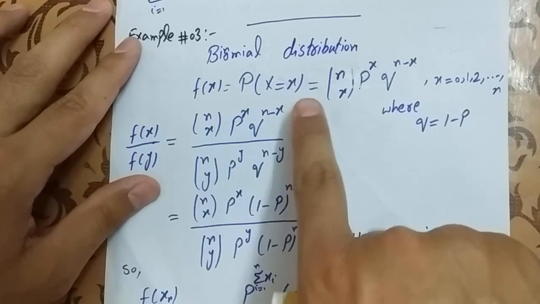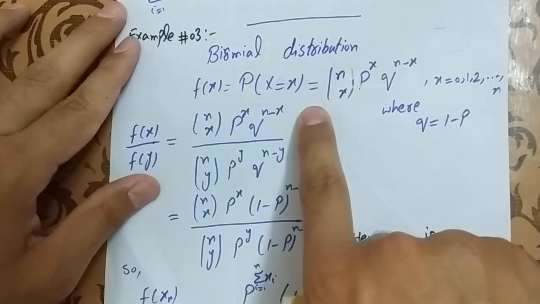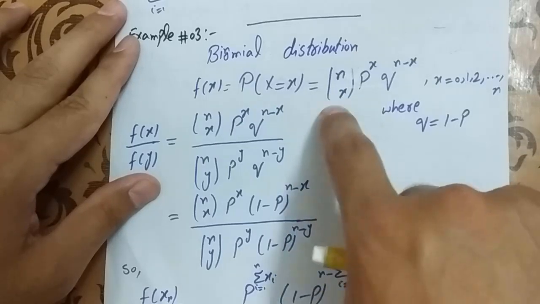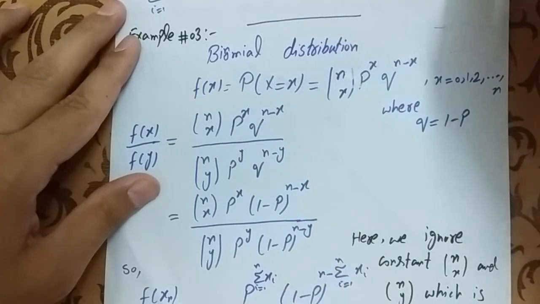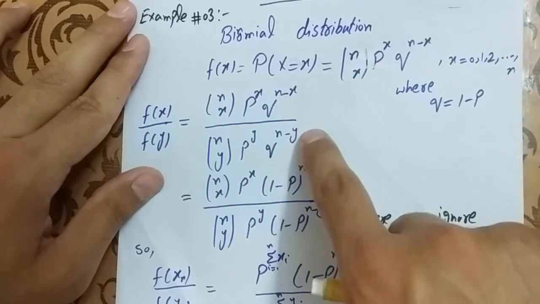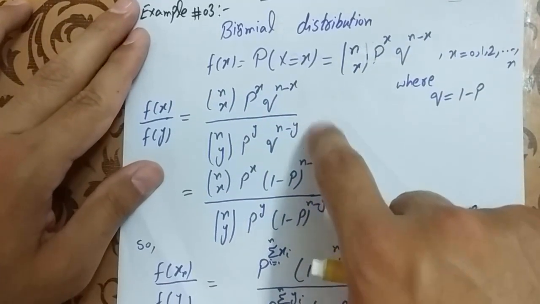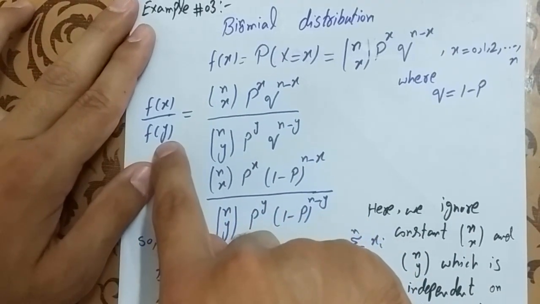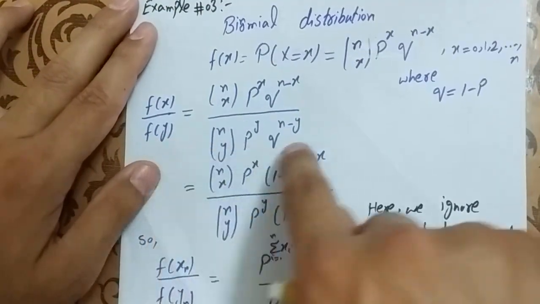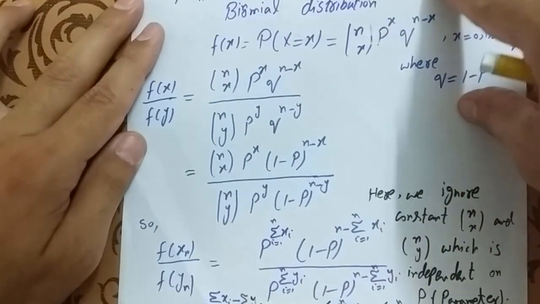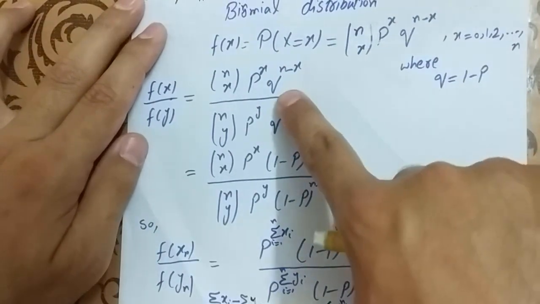We check whether this gives a minimal sufficient statistic for its parameter, here the parameter is p, or not. First of all, we apply this on a single sample, using the Fisher factorization theorem for the minimal sufficient statistic, which is equal to this expression. And now we put q equal to 1 minus p.